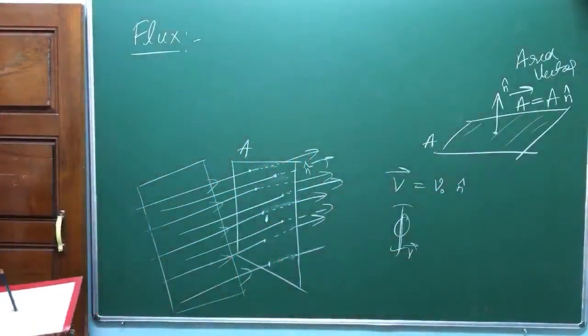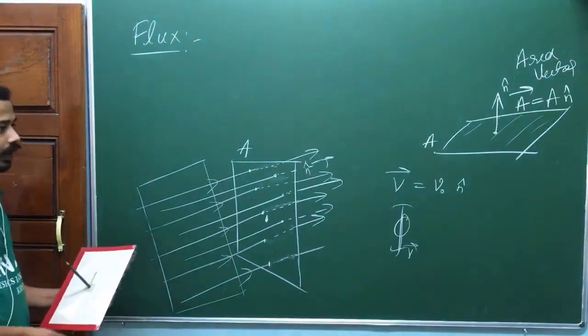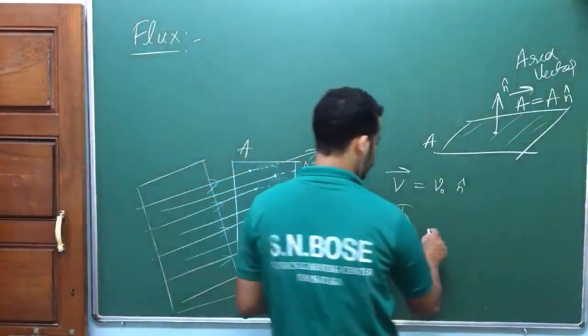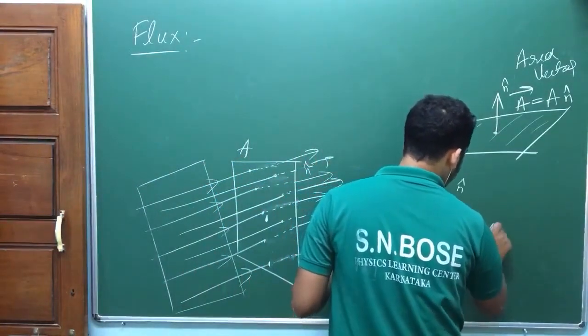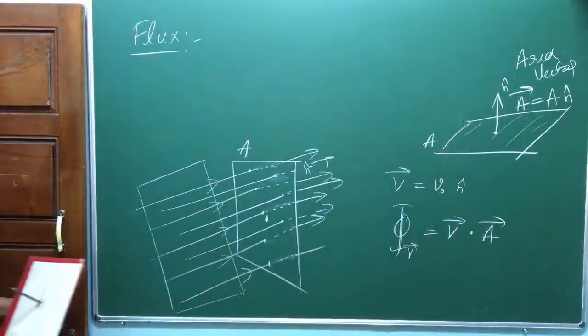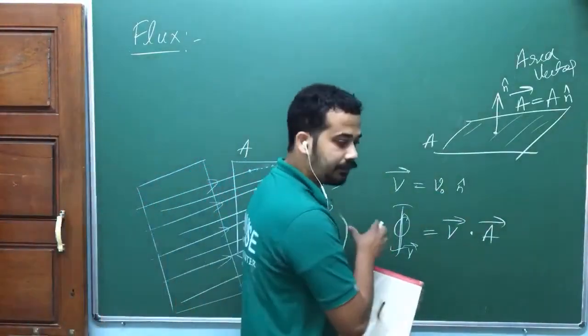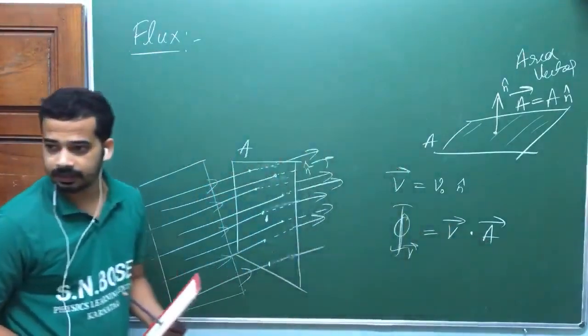Now look at here. I'm going to define this flux as the dot product between this vector field and this area vector. Now this dot product will quantify the number of field lines passing through this surface area. Look at here.